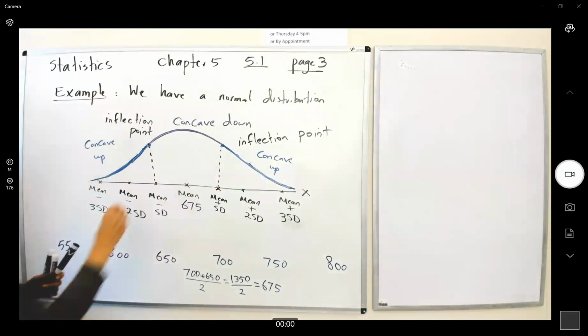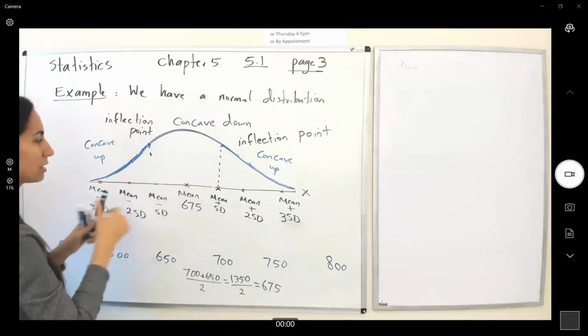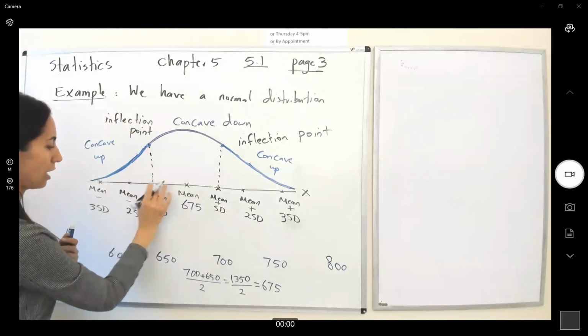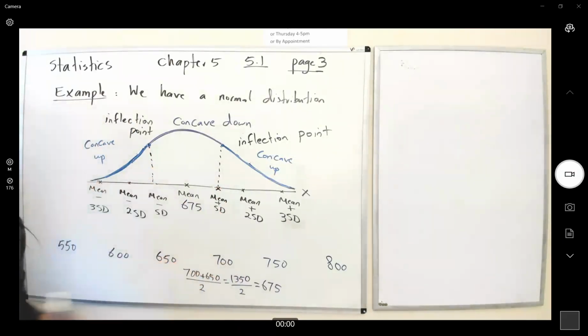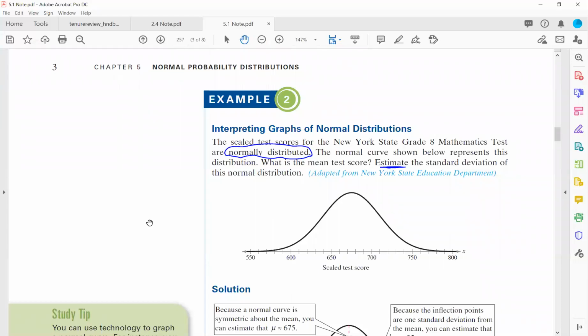Note that if you look at your graph, it's not exactly the same location as 650 and 700. So those are not the exact numbers. Take a look at your graph. Our graph is more precise.